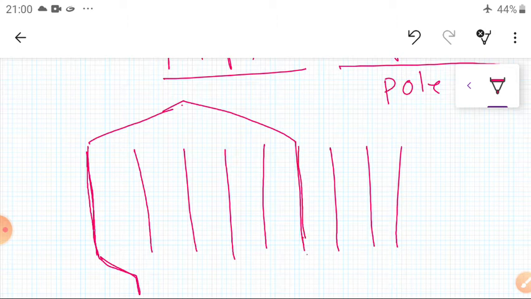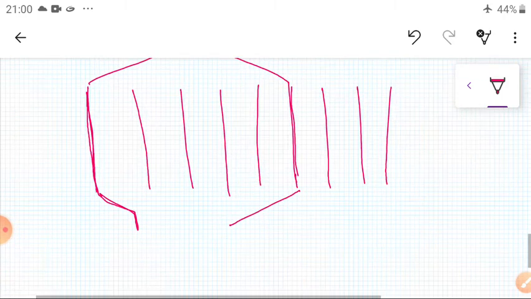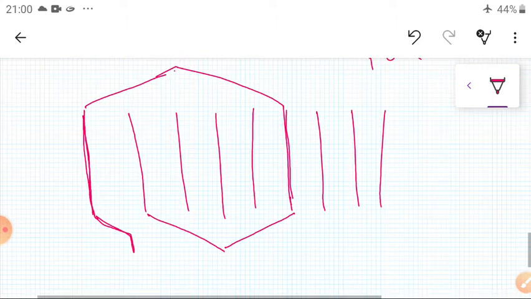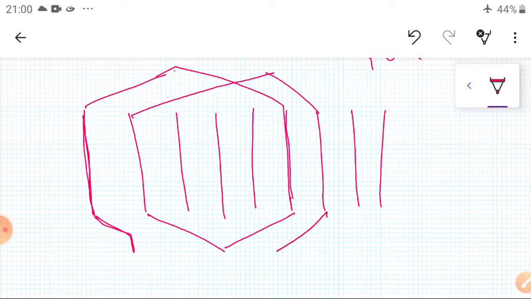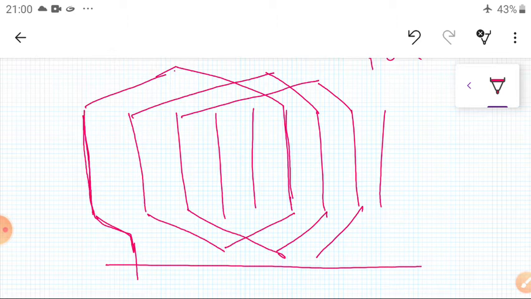Once again it comes back here, then is connected here, and so on. It is a winding. Here it is connected to one commutator segment, and another commutator segment, and so on.